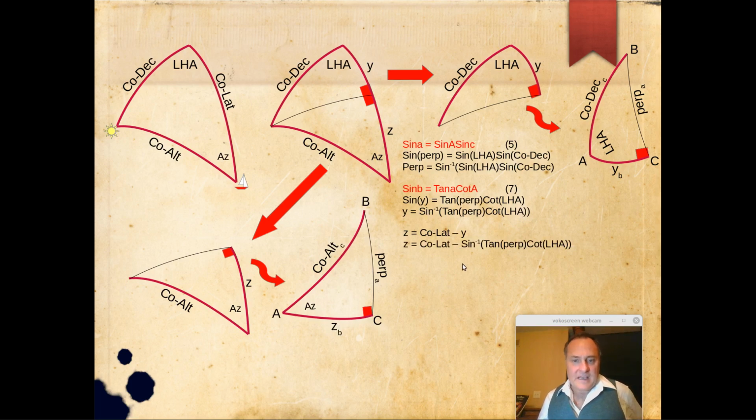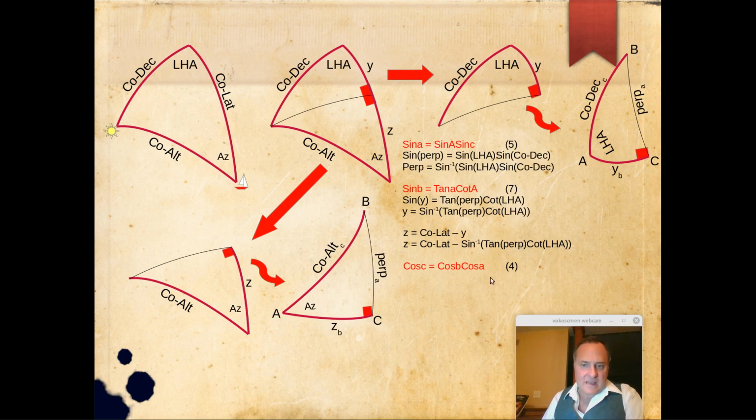Now, Z is the colatitude minus this, sine inverse the tangent of the perp times the cotangent of the local hour angle. So we've discovered the value of Z. And we've discovered it in terms of values we know. Latitude, the value of the perpendicular, which was discovered here.